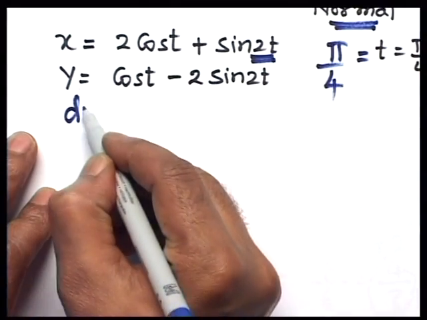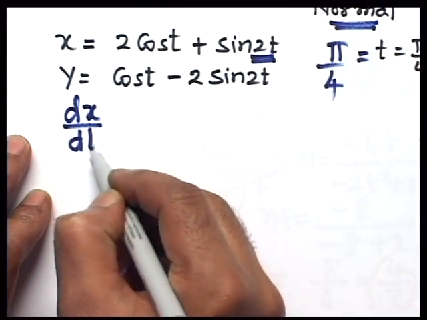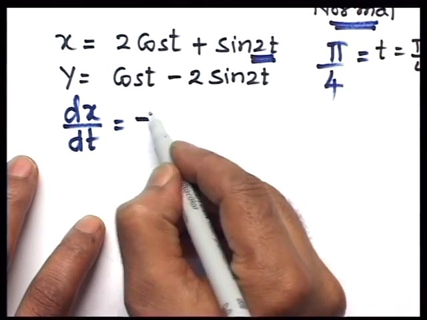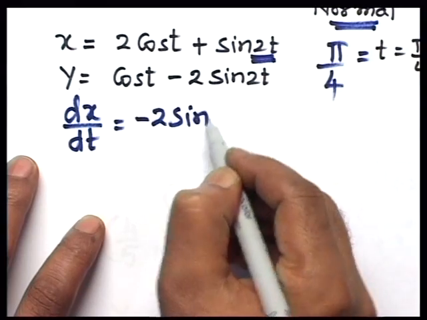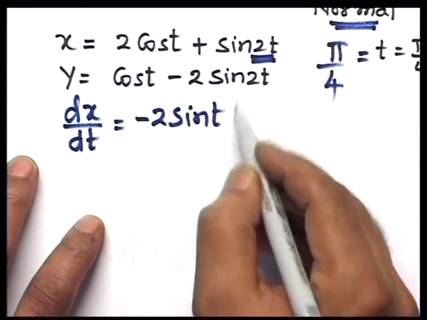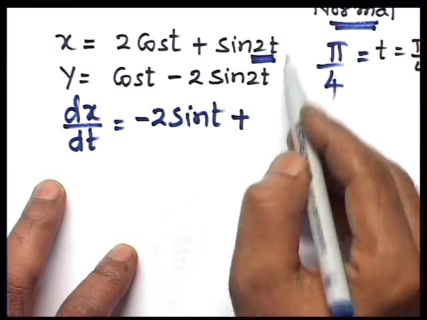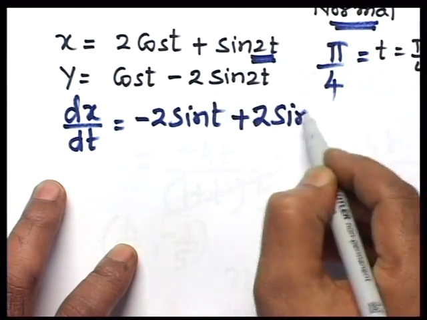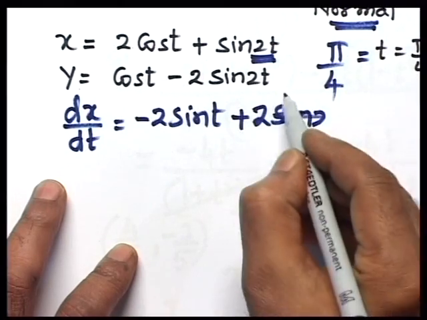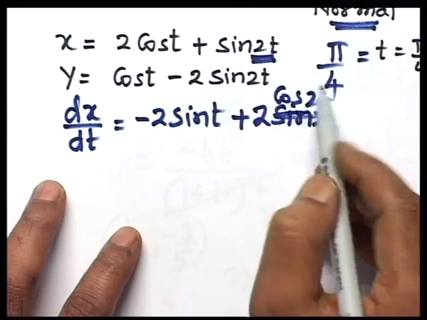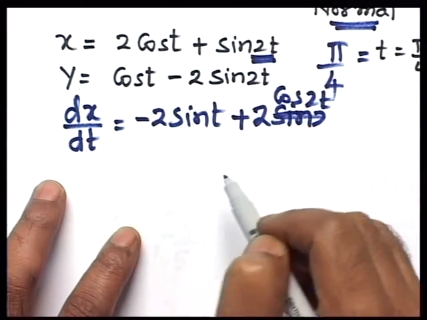Let's go and find what is dx over dt, right? 2 cos theta differentiation please, minus 2 sine theta, right? And plus differentiation of sine theta is cos theta, so it's a 2 cos 2t. Okay, chain rule, so we get the 2 in the front.